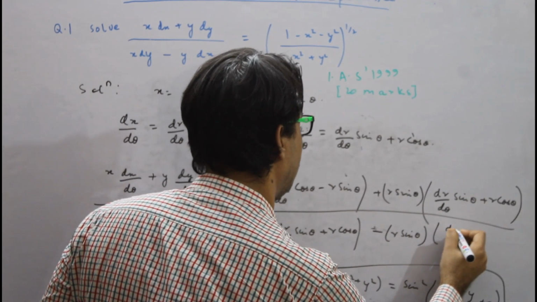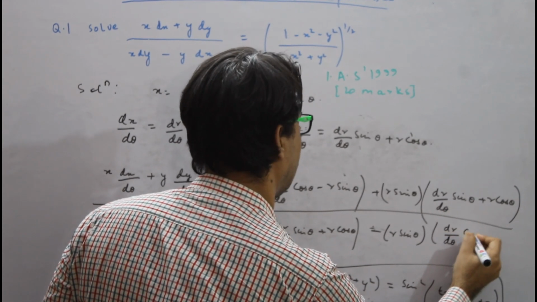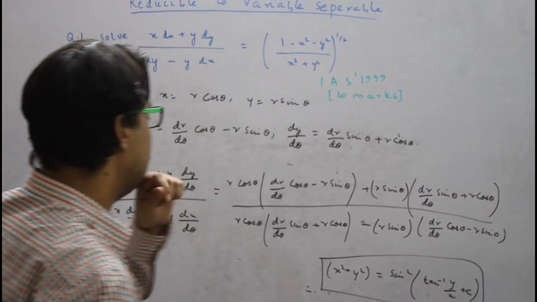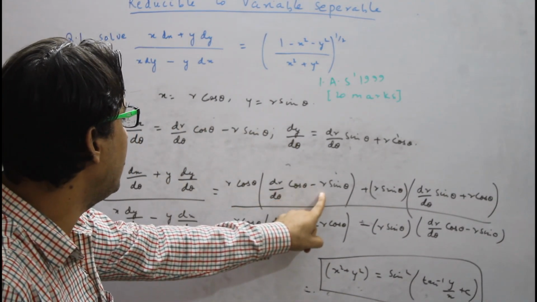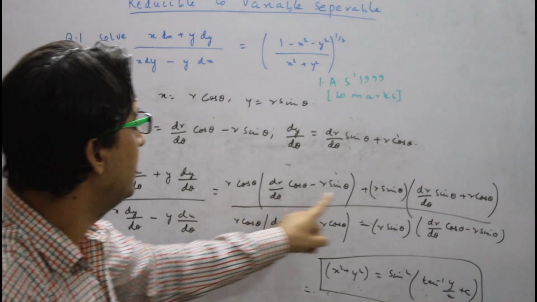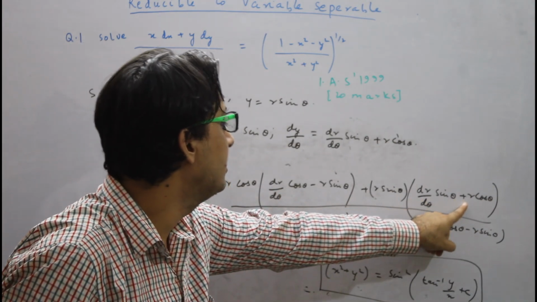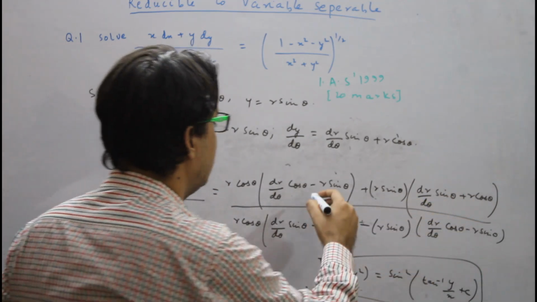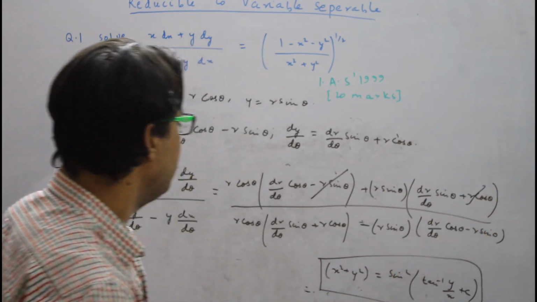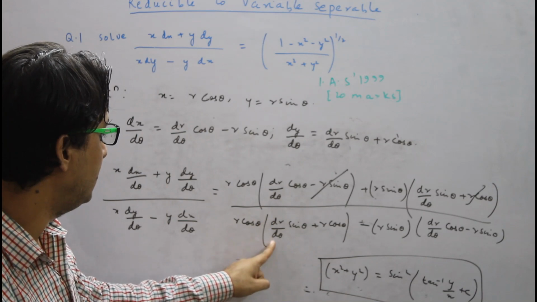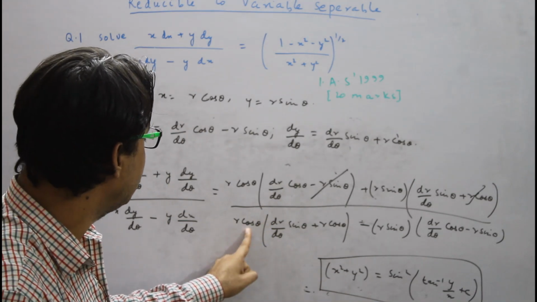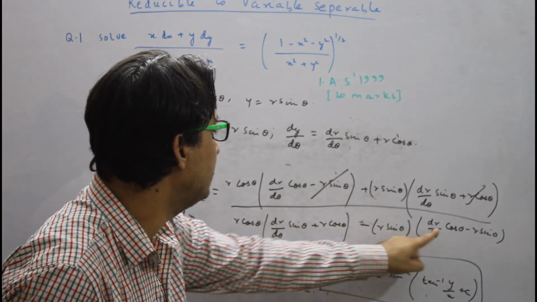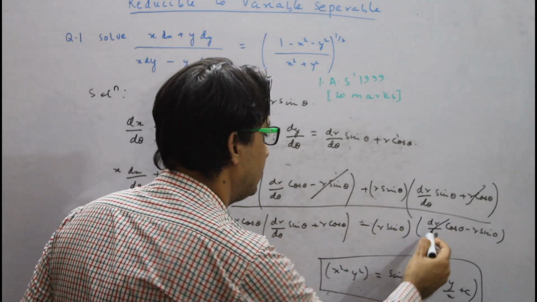So this is dr by d theta cos theta minus r sin theta. We can see here it is r square sin theta cos theta, and here it is r square sin theta cos theta. Here it is minus sign and here it is plus sign, so this can be cancelled. Similarly we can see dr by d theta sin theta cos theta, and here also minus dr by d theta sin theta cos theta. So this can be cancelled out.